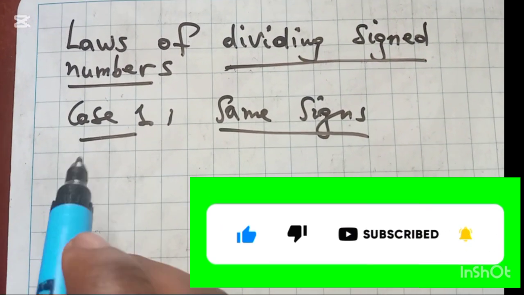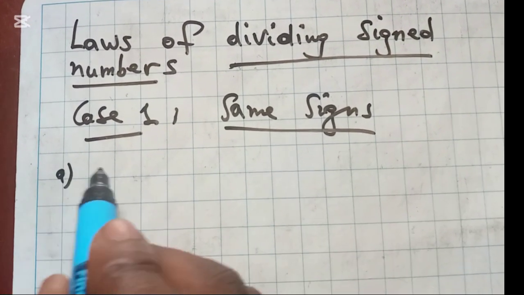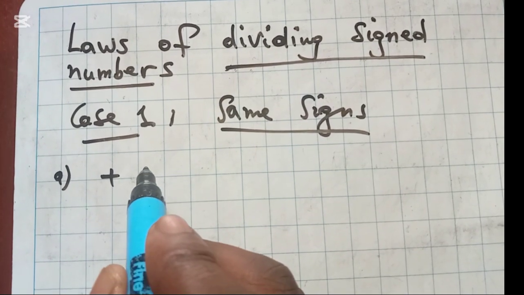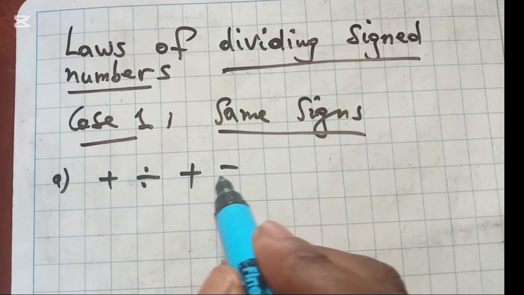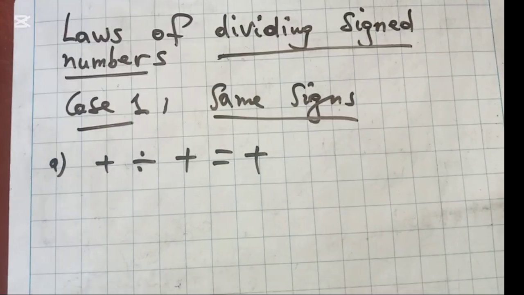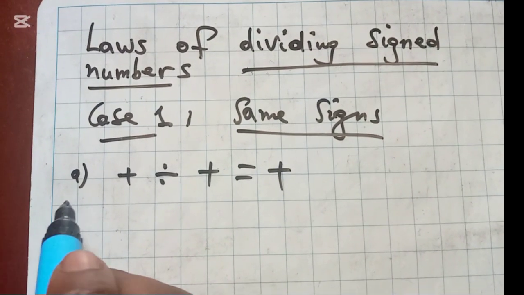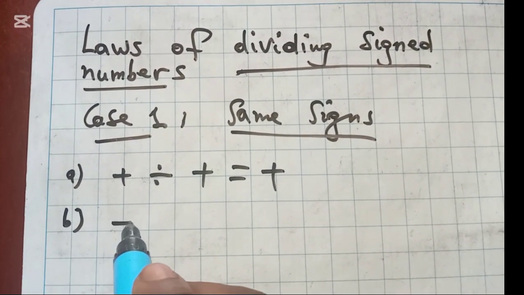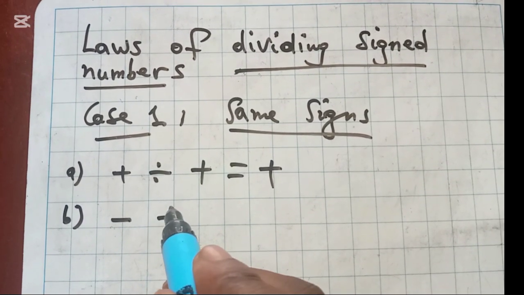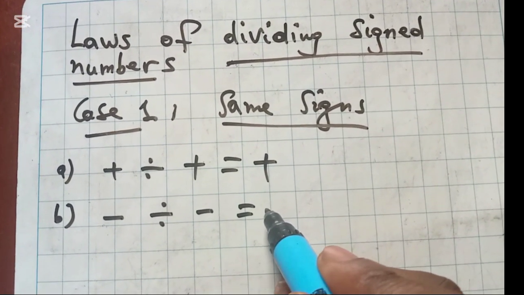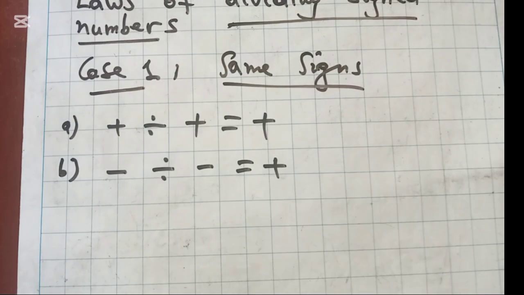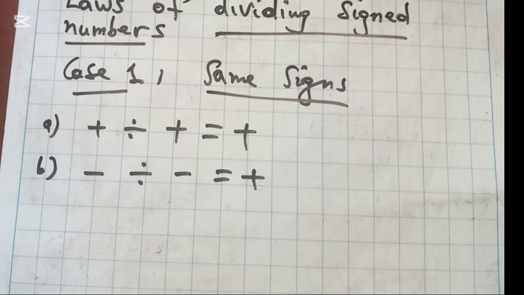For example, when you have positive dividing positive, this one is giving us positive. And when you have negative dividing negative, this also is giving us a positive.